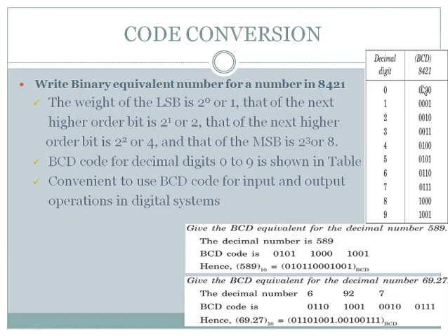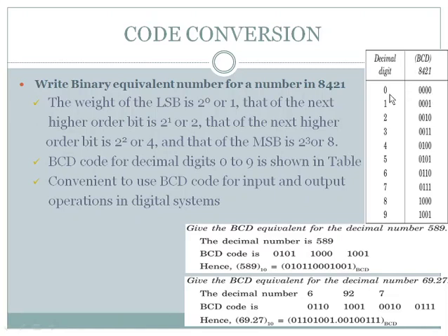So here the table shows the decimal digit in the first column and the corresponding BCD code in the second column. Here you can see that for the decimal digit 0, the equivalent BCD code is 0000.